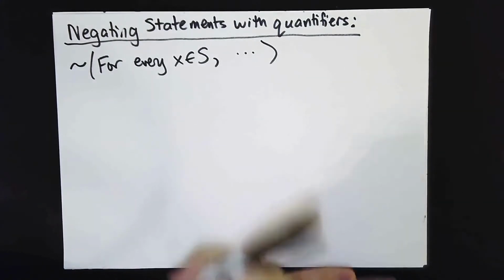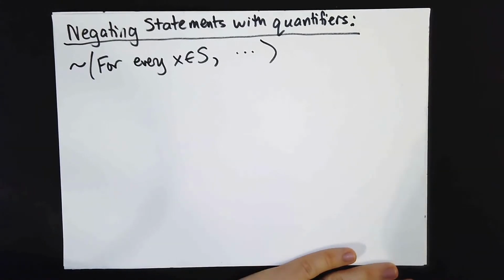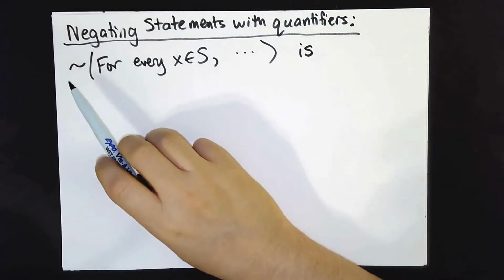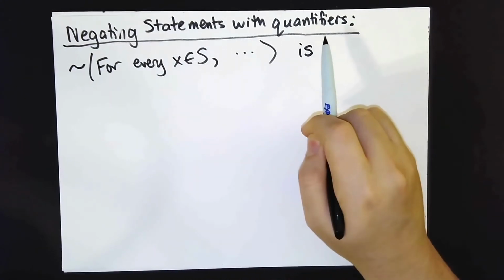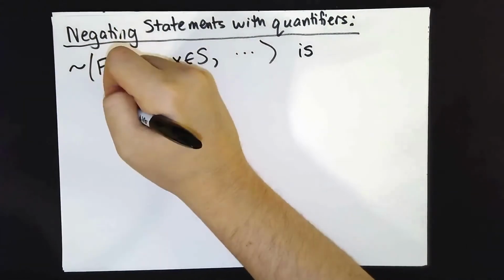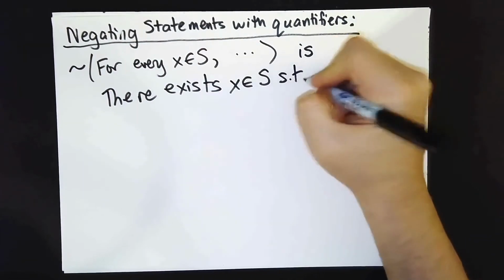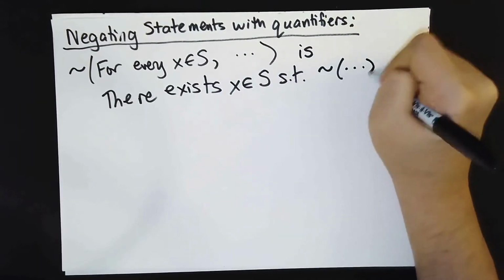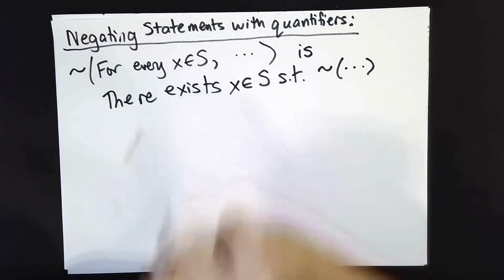And that at least one should sound familiar, because that's the existential quantifier. So the negation of for every x in S something is in fact there exists an x in S such that not the something. So when you negate a for every statement, it turns into a there exists statement.